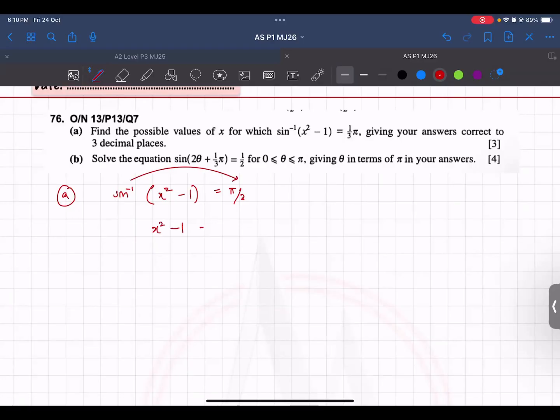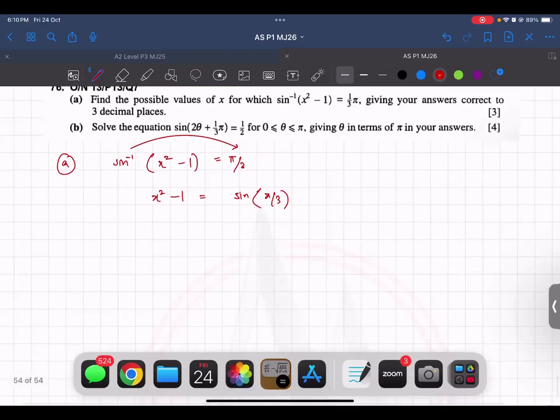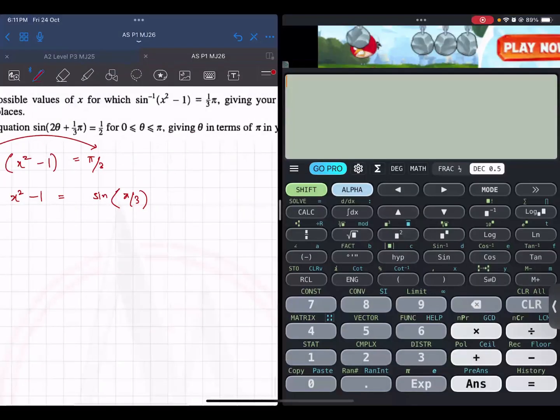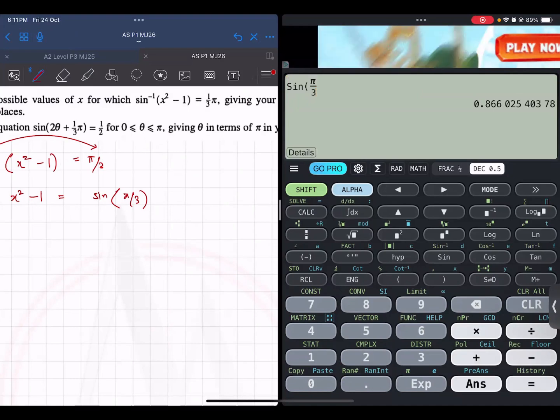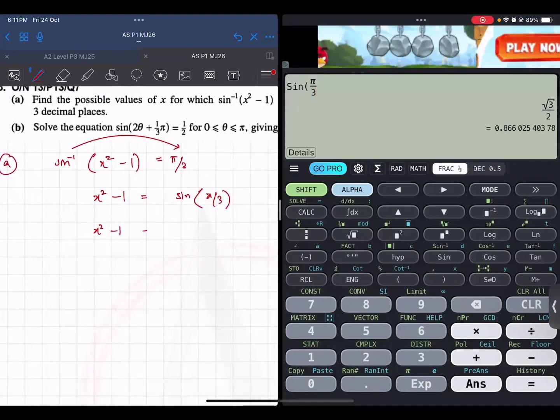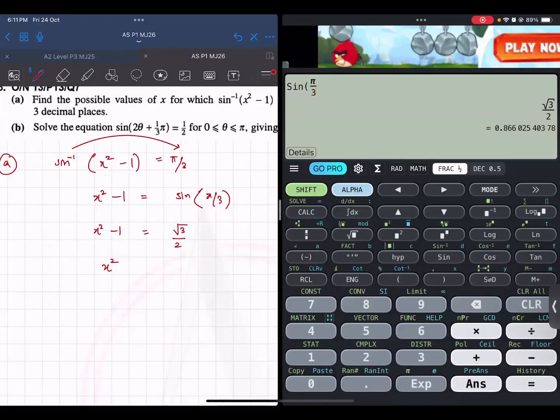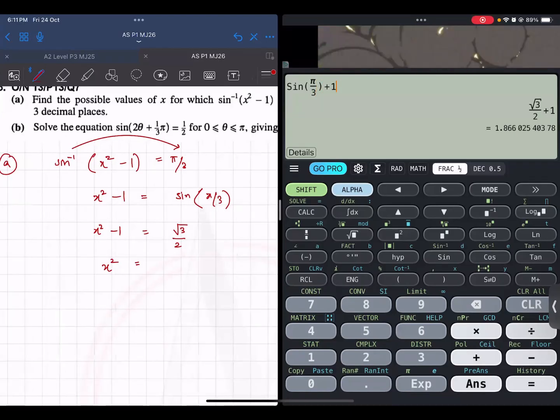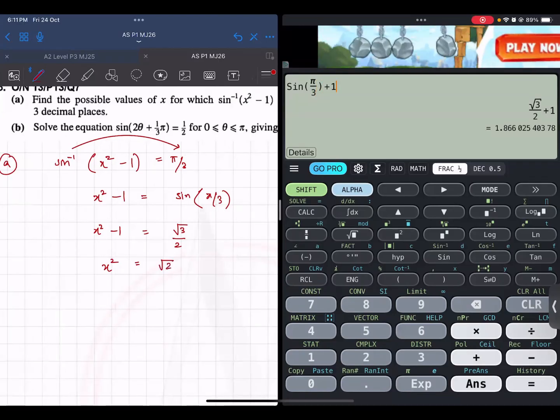So x square minus 1 equals sine of pi by 3, which is root 3 by 2. And then x square will be equal to root 3 by 2 plus 1.